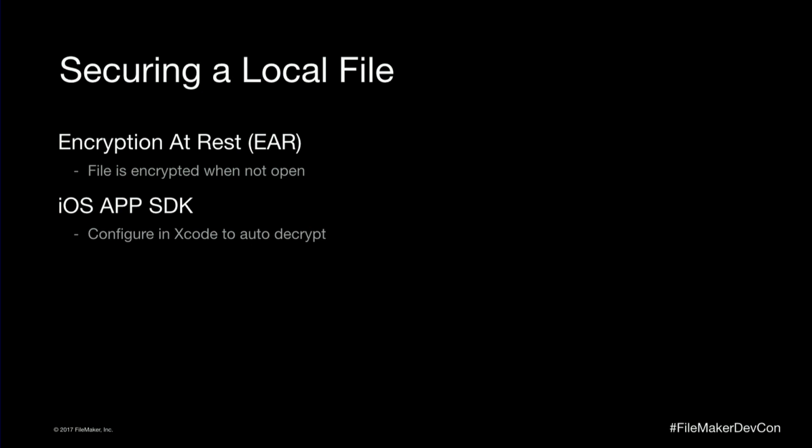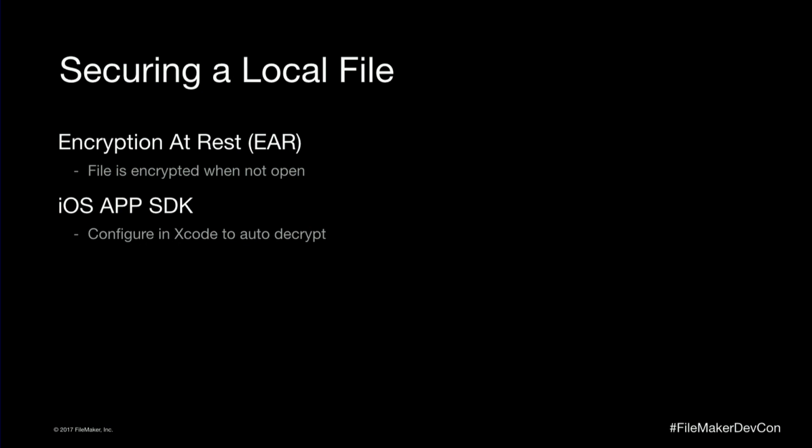You could do that when you have it in FileMaker Go. But that's kind of cumbersome too, right? So we can do one more thing. Instead of taking that file and opening it in FileMaker Go and requiring the user to give us that password to decrypt, we can ball it up using the iOS SDK kit.